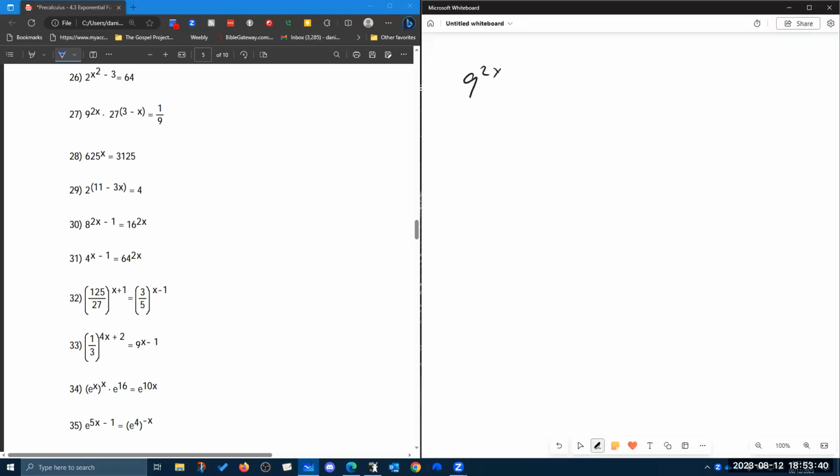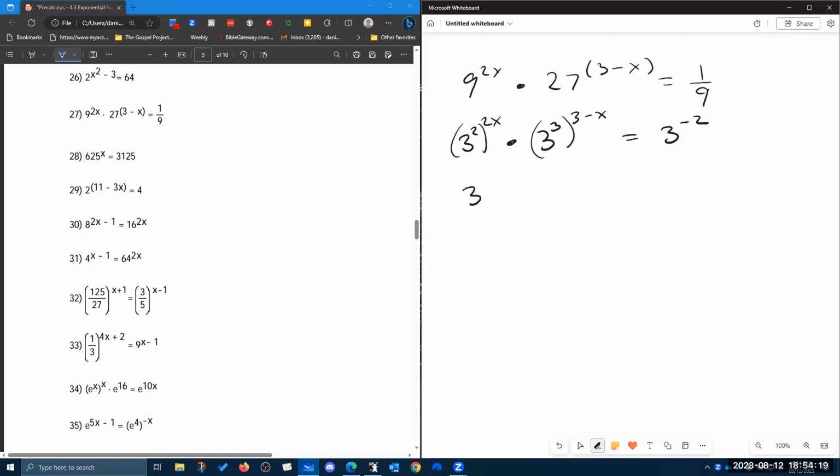9 to the 2x times 27 to the 3 minus x equals 1/9. So I'm going to make everything base 3 here. This is 3 squared to the 2x times 3 to the third raised to the 3 minus x equals 3 to the negative second.